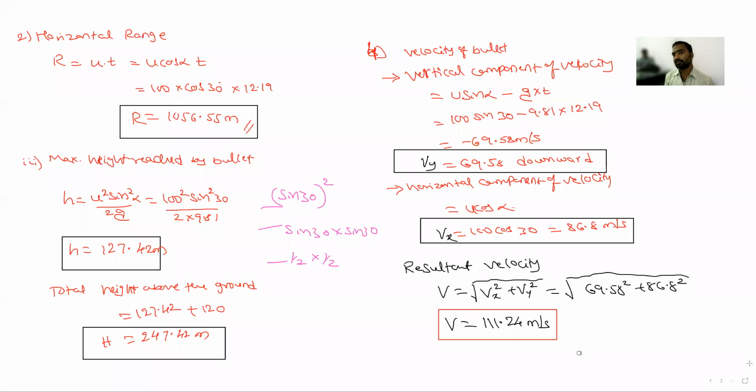In your paper also he may ask only one bit: determine the total time of flight, or the horizontal range, or the total height from the ground. Or directly he may ask the velocity with which the bullet is striking the ground. Find out Vx, find out Vy, then determine the resultant of those two. You will get the value of the resultant velocity. But it is rare to ask this third case. Maximum focus is on the first and second cases.